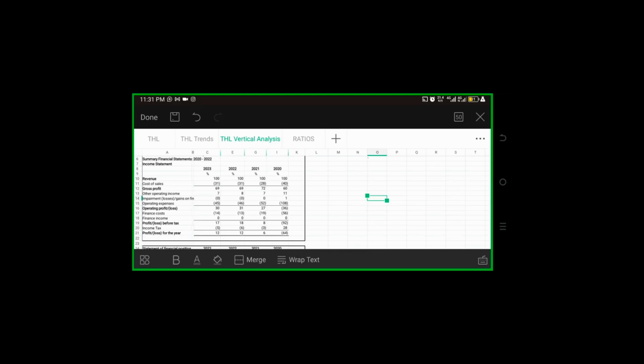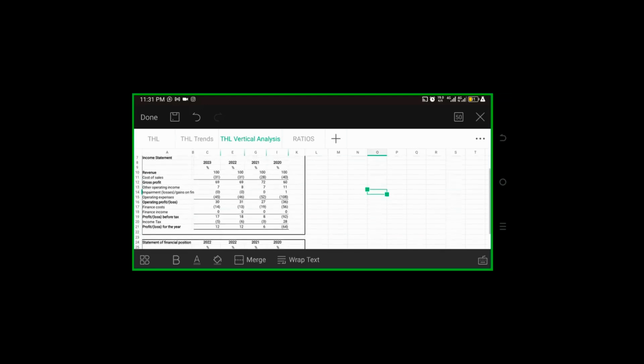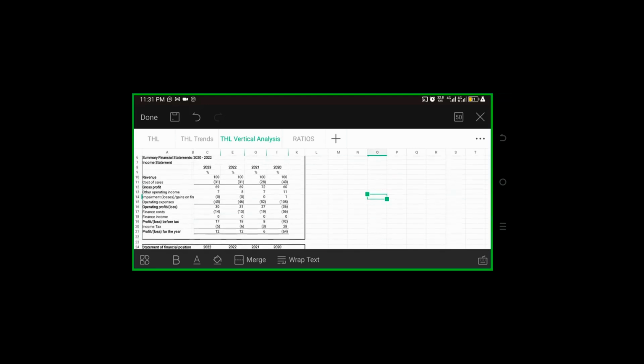Their operating expenses they further reduced to 46%, from 108 to 52 to 46, and their finance cost was reduced again to 13%. So we can see how well they have been doing in terms of financial performance.